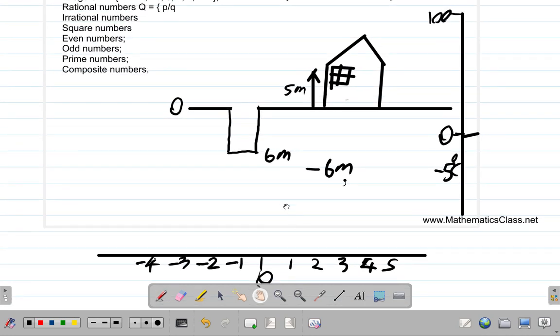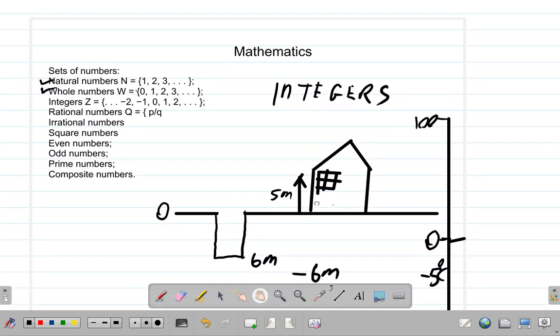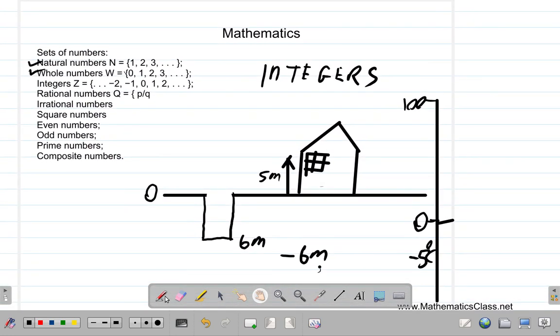Positive numbers to the right, negative numbers to the left. So, these are integers. Negative numbers. Negative 3, negative 2, negative 1, 0, 1, 2, 3, and so on and so forth. So those are integers, you see.